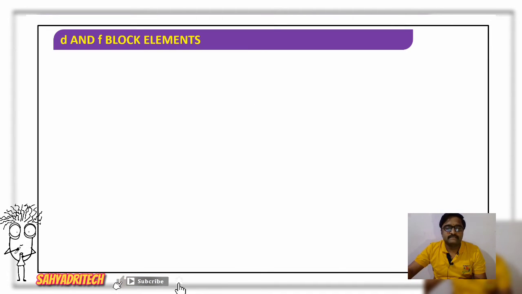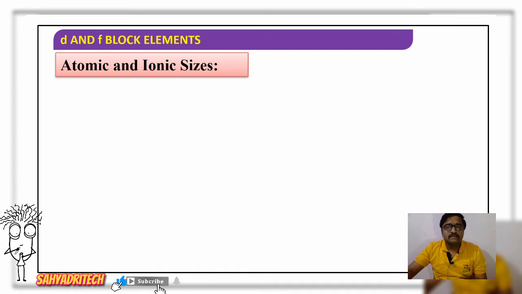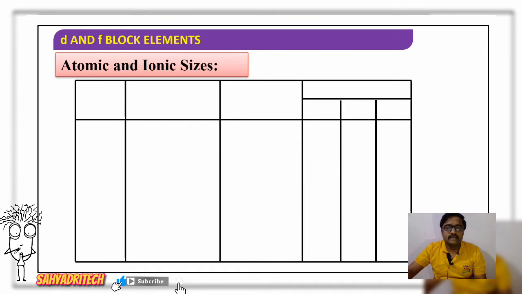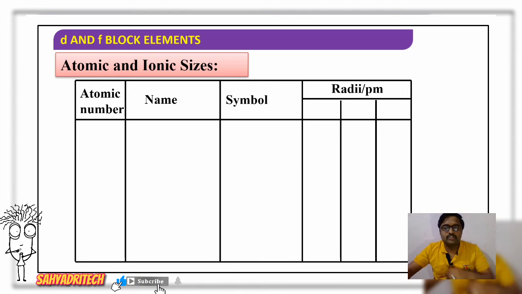Then coming to the data regarding size: atomic number, name of the element, symbol of the element, and radii. We consider the atom and the most common oxidation state, that is the ion. They show two common oxidation states, +4 and +3.